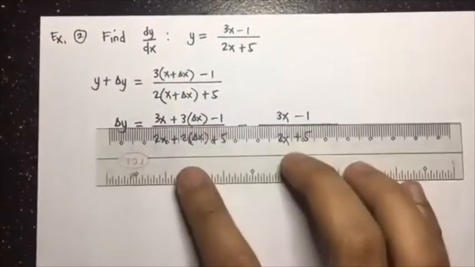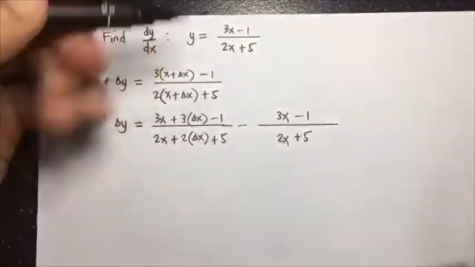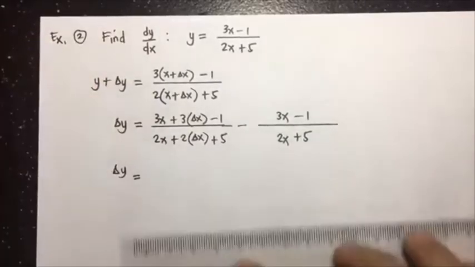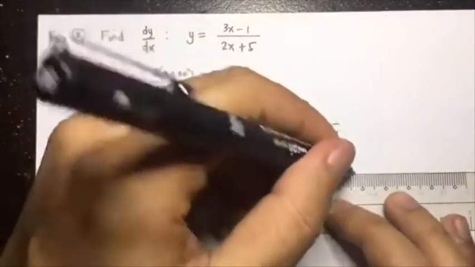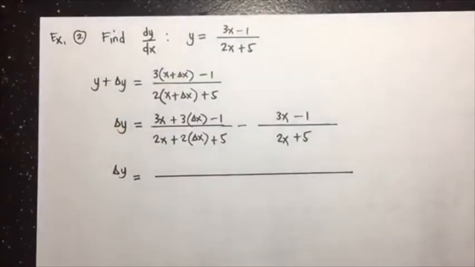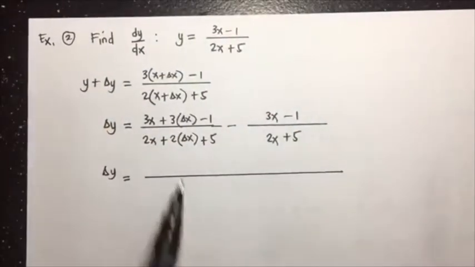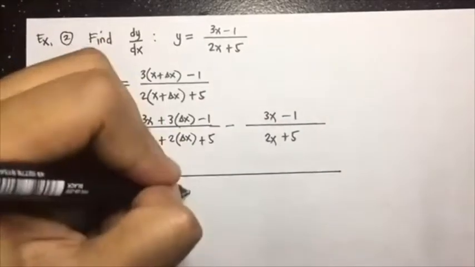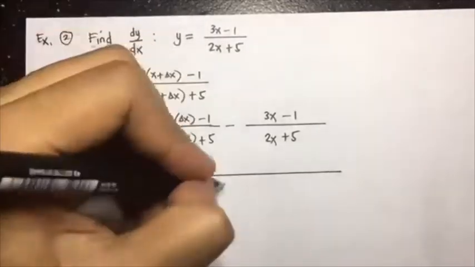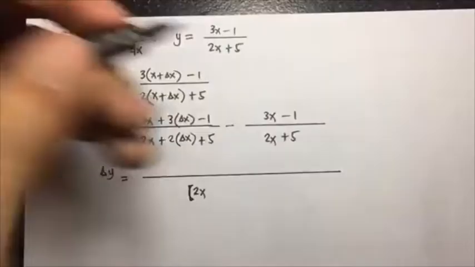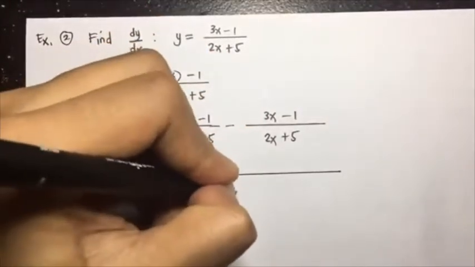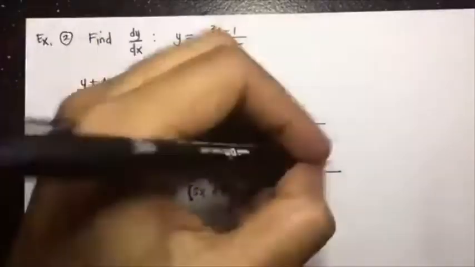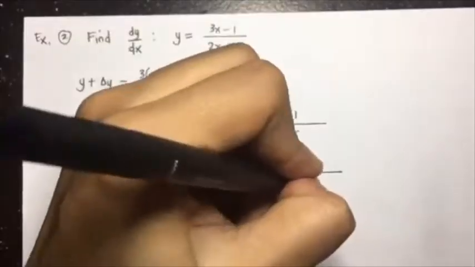Okay, so next we need to add them. So delta y is equal to, adding the two fractions, we will have a least common multiple of the denominators. The least common multiple of the denominators will be their product. So we will have (2x plus 2 delta x plus 5) multiplied by (2x plus 5).